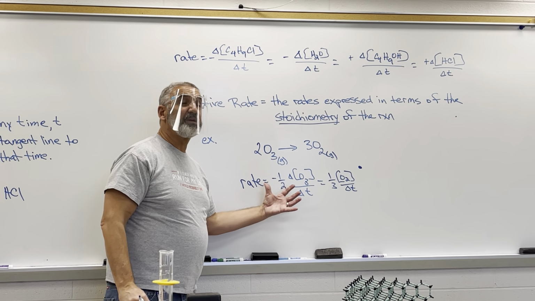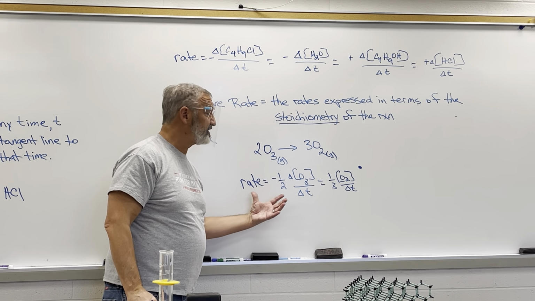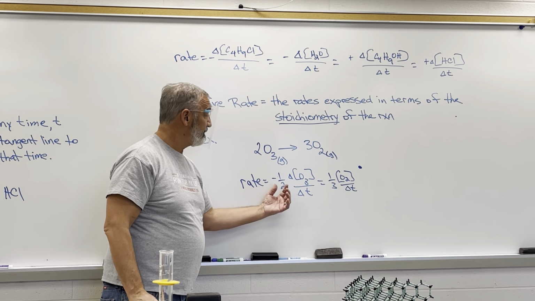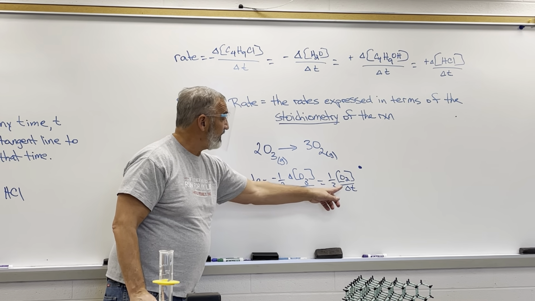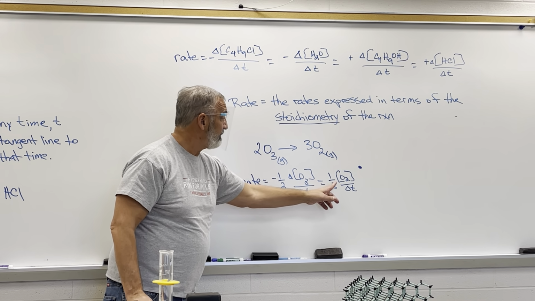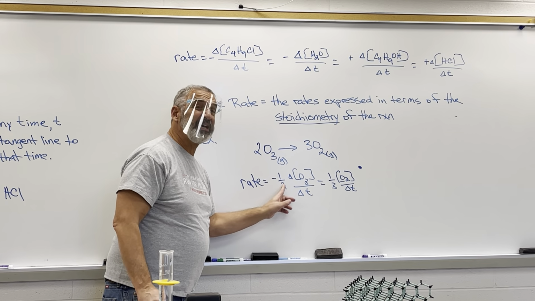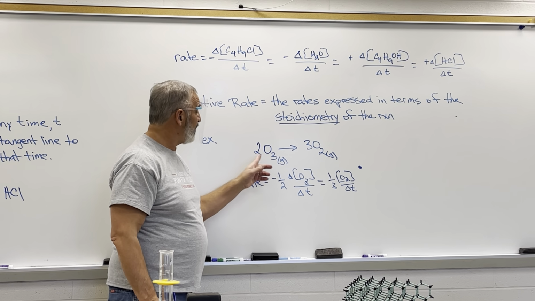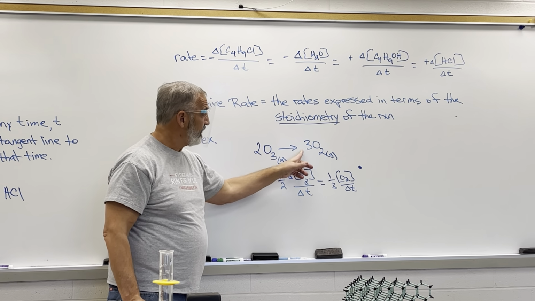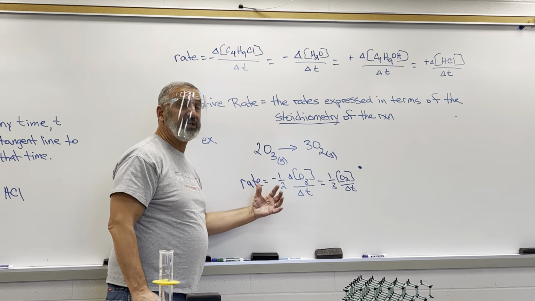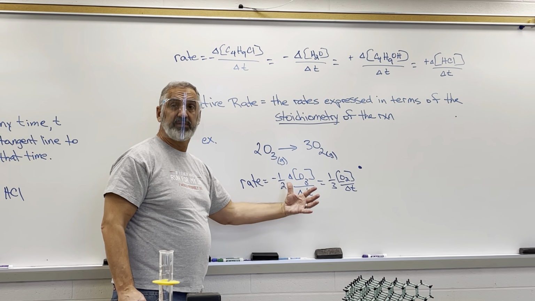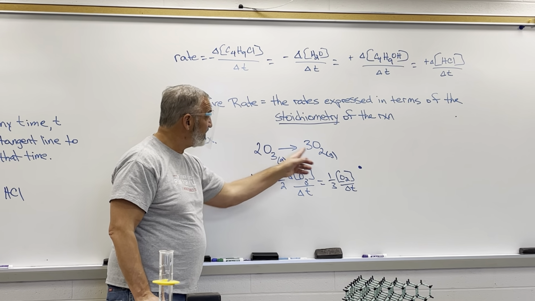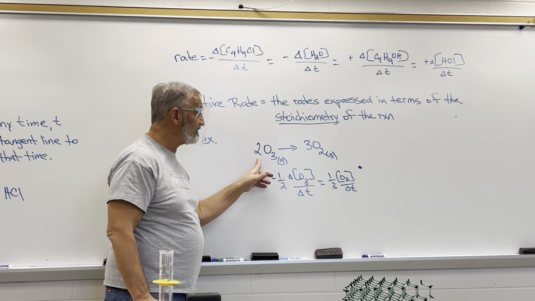So when we're trying to compare the relative rates to one another, this rate and this rate are going to be in this kind of ratio. And we always just take the coefficient and put it over 1, and it's going to make it work out. But it has to do with the fact that this is going to form 3 times faster than this one.